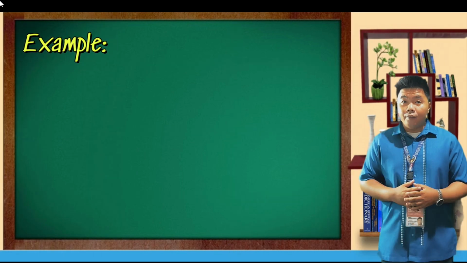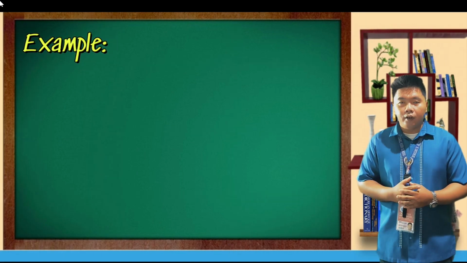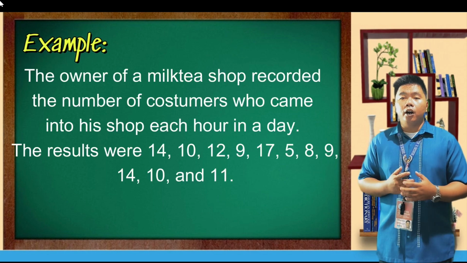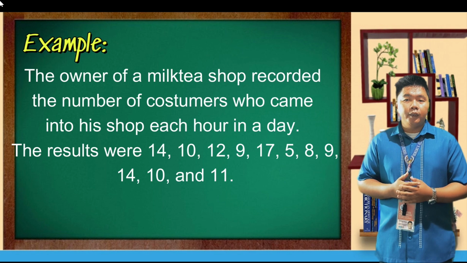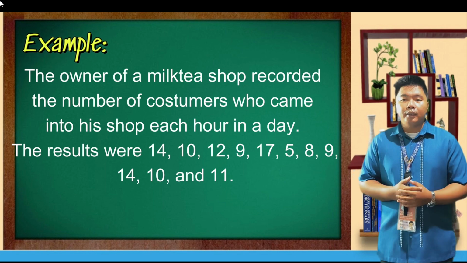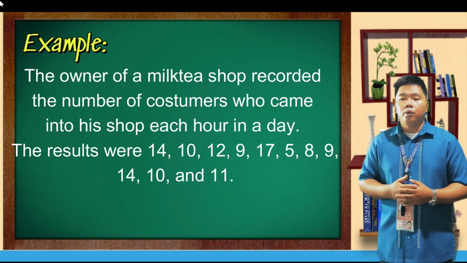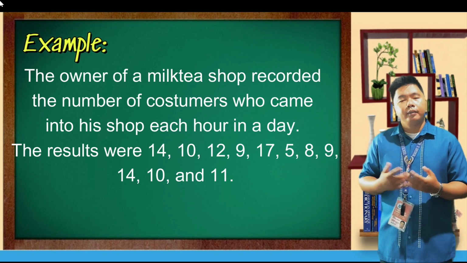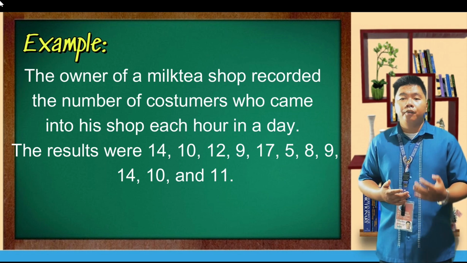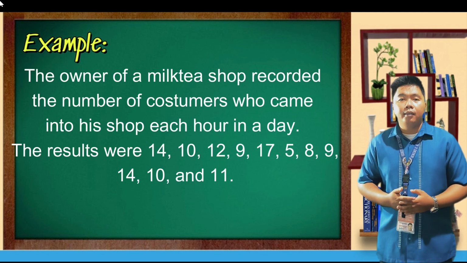Okay, so let's have an example to give you an idea on how to use the Mendenhall and Sincich method. So, example, the owner of the milk tea shop recorded the number of customers who came into his milk tea shop each hour in a day. So the results were 14, 10, 12, 9, 17, 5, 8, 9, 14, 10, and 11.